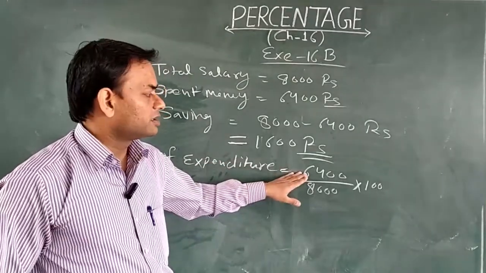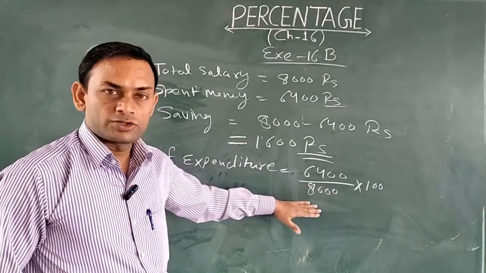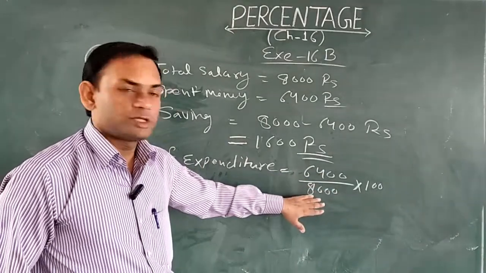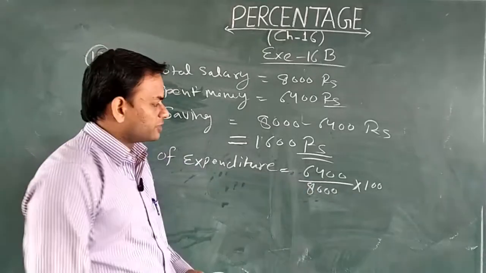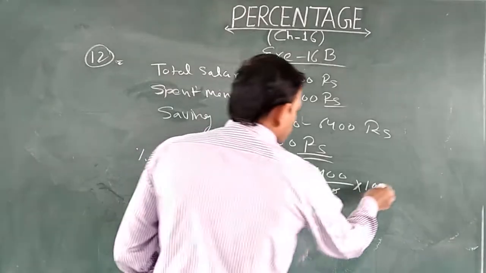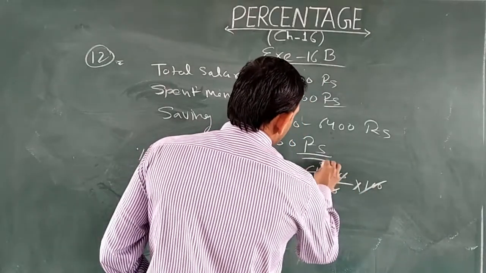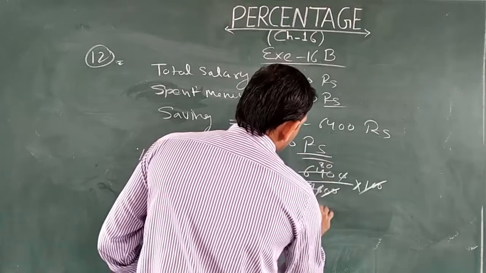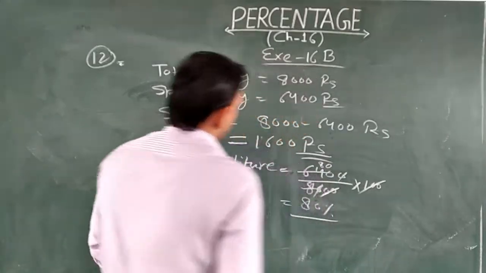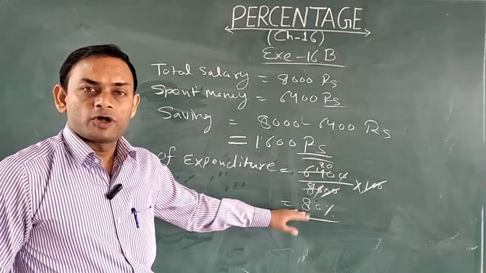So we will write the 6,400 rupees above the line, and total income below the line. Now you will solve it. 20 to 20 will be cancelled, 1 to 1, and 8 means 80%. He spent 80% money from his salary.